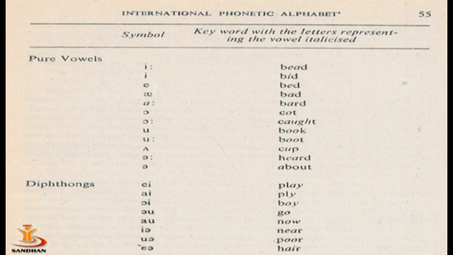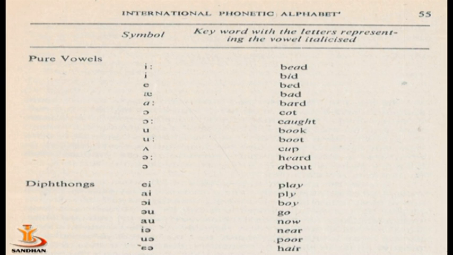So what do we need to do? We are looking at the vowels. We are trying to understand how the vowel is articulated. And at the same time, we are looking at words, common words, words that you know, where the vowel is pronounced. So what do you have?